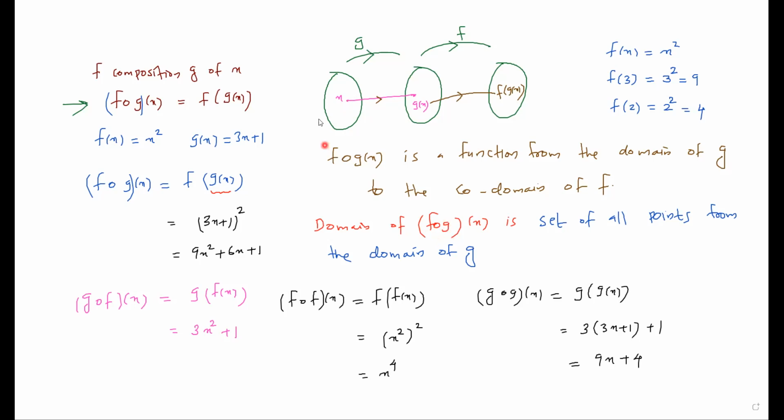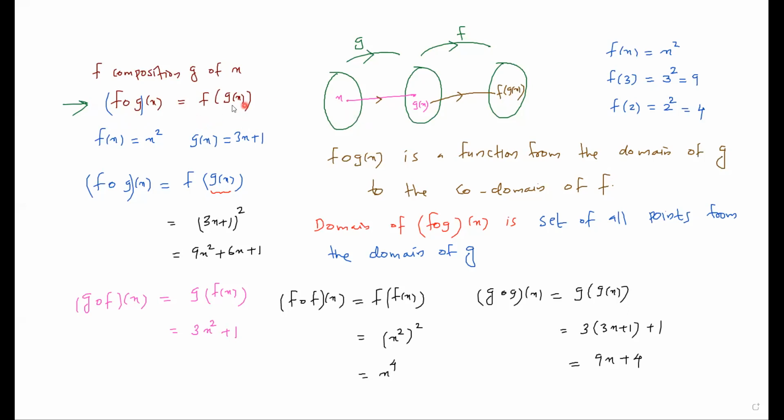Now my question is, all the points in g, will all of them come into the domain of f composition g or not? Did you understand my question? From the pictorial representation itself, I have told you f composition g of x is a function from the domain of g to the codomain of f, because f composition g of x is defined as f of g of x.